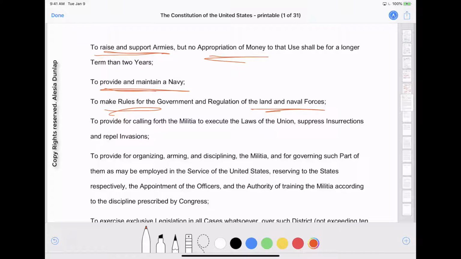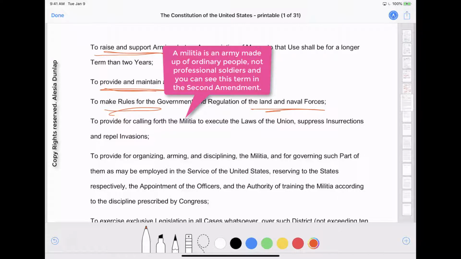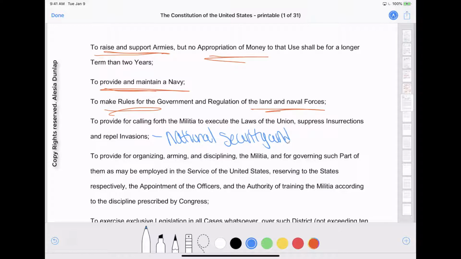Congress can order the civilian militias to enforce the laws of the country, end rebellions, and defend against invasions. So national security and defense.